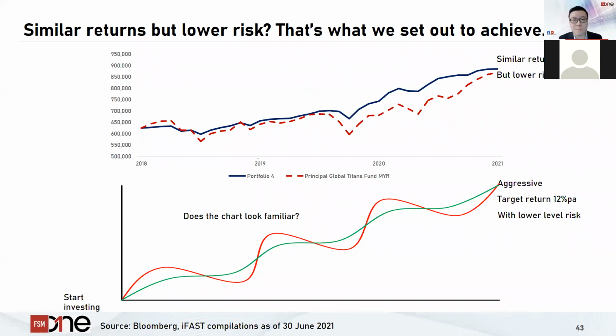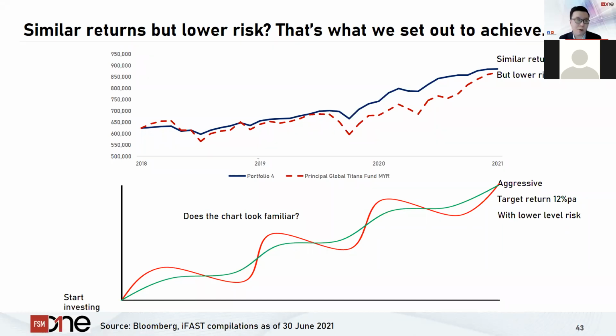Okay, I think for this one, there are a few ways to allocate. Again, you can go by the size of the economy, by GDP, or it is quite flexible, but typically at FSMOne, we will have a core portfolio, and our core portfolio would typically include global equity, Asian equity, and Malaysia equity for the equity part.